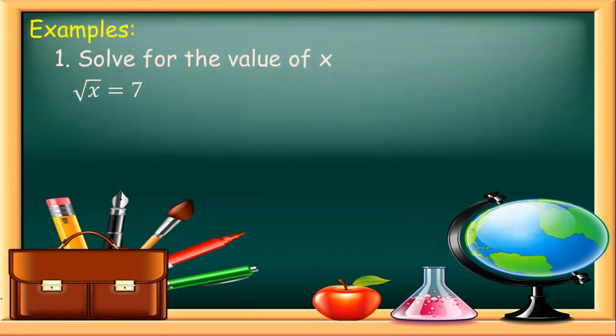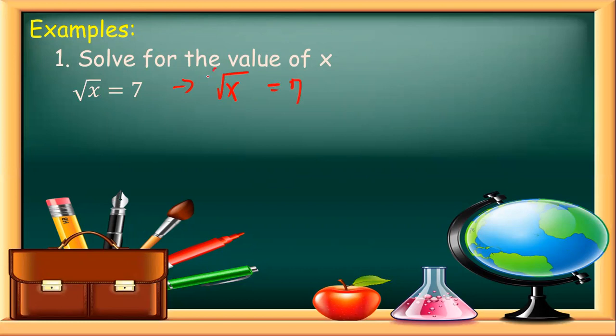For example, solve for the value of x. If the square root of x is equal to 7, we are going to apply the squaring property because our given here is a square root. You are going to raise both sides to a power the same as the index, which is 2. So let's write down square root of x equals 7.